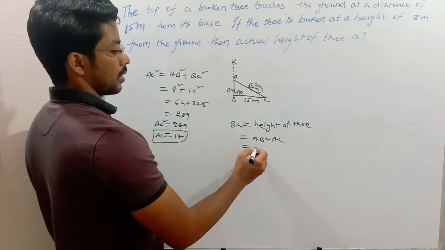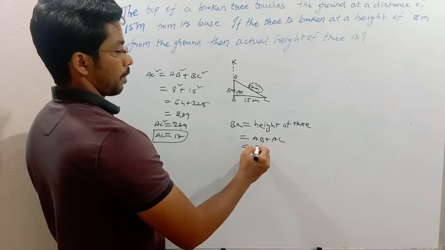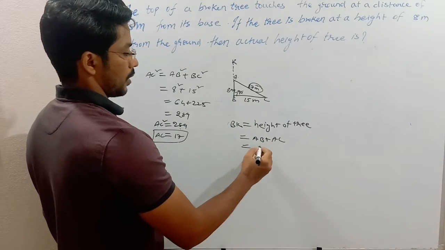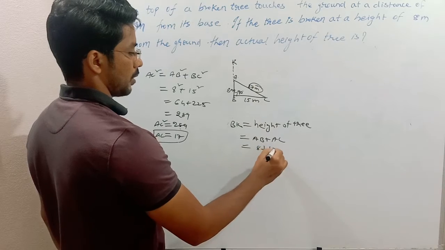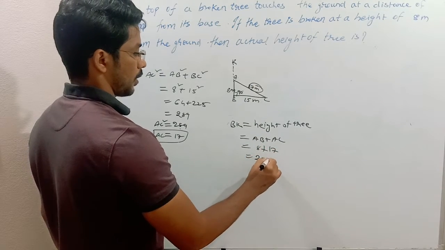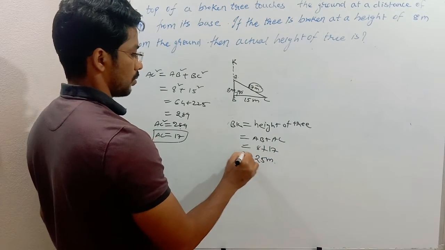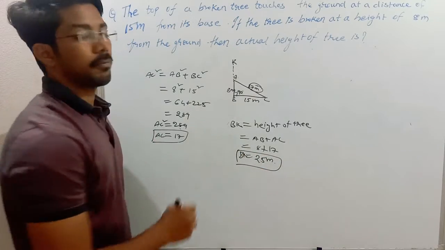AB is 8 meters plus 17, 25 meters. So the height of the tree is 25 meters.